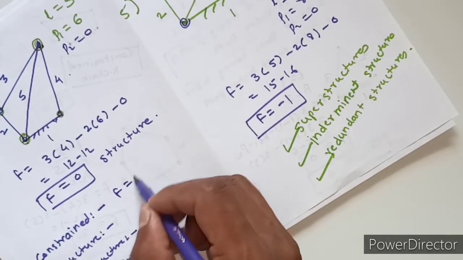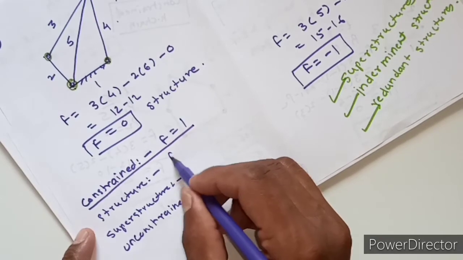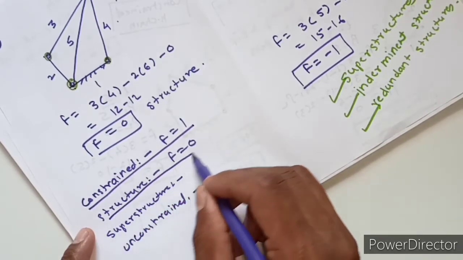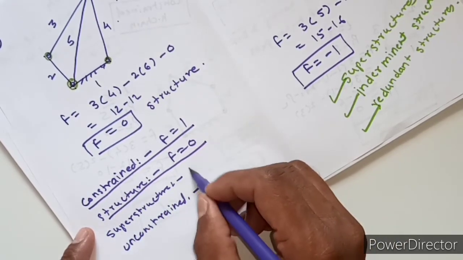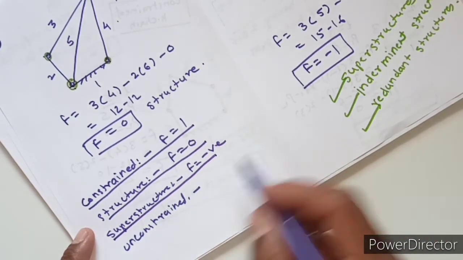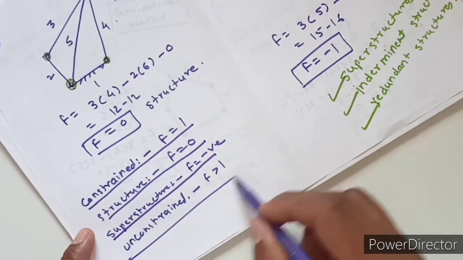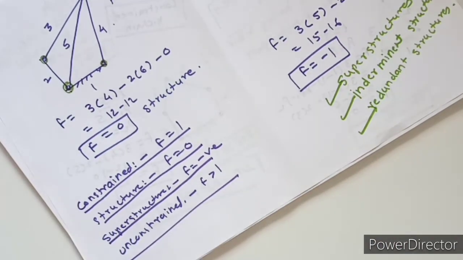If the degree of freedom is 1, the mechanism will be constrained. If the degree of freedom is 0, we will call the mechanism a structure. If the degree of freedom is negative, call the mechanism a superstructure. And if the degree of freedom is greater than 1, we will call the mechanism an unconstrained mechanism.